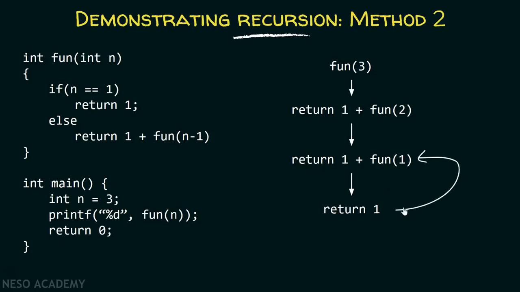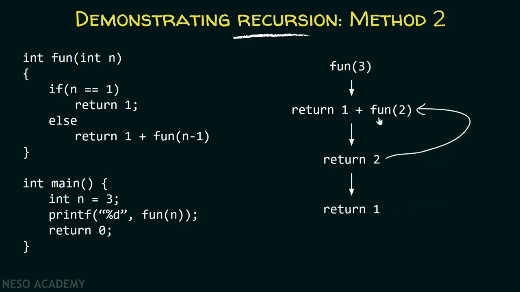You just simply need to mark this arrow over here and this will get replaced by value 1, right? And 1 plus 1 is 2. Therefore, we will return value 2 back to the caller, which means at this particular place, right? This will now be replaced by value 2 and 1 plus 2 is equal to 3.